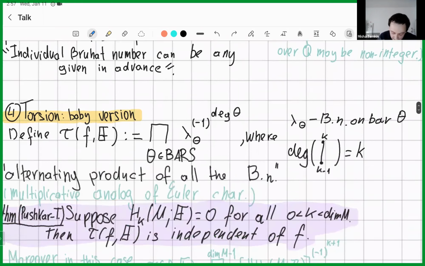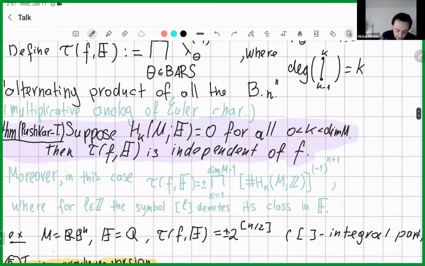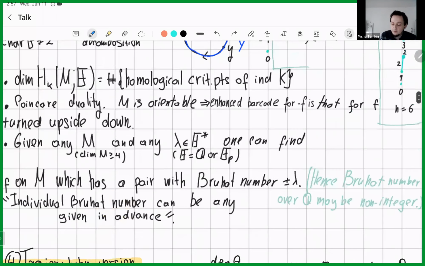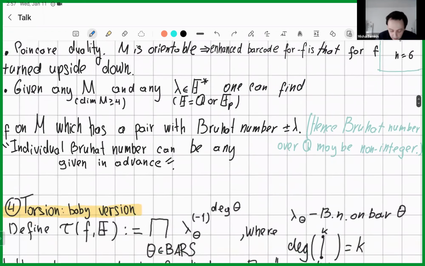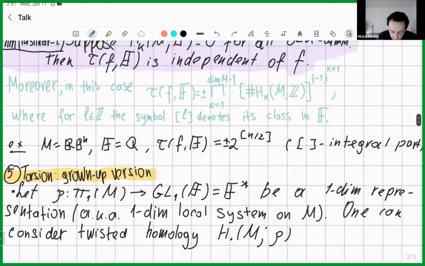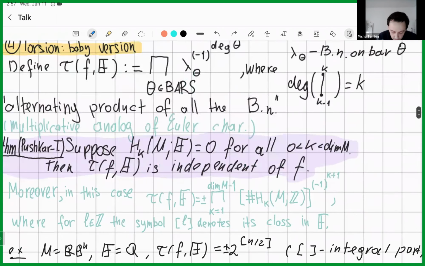So the example tells you that if M equals RPN and F equals Q, then tau is plus or minus 2 to the power of [n/2], where these brackets denote the integral part. The point is that this holds for any F. So not only for the standard Morse function which I've been considering earlier, but for any strong Morse function.